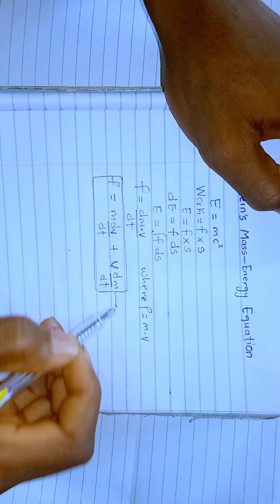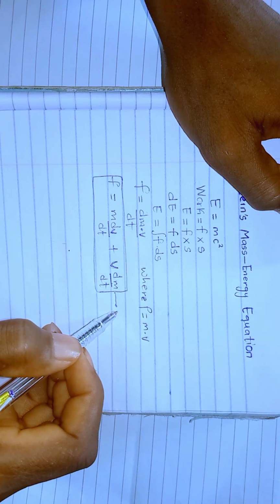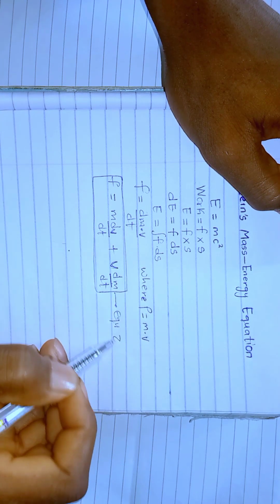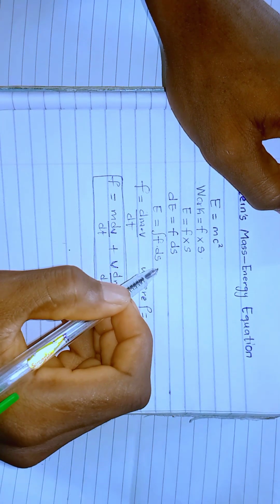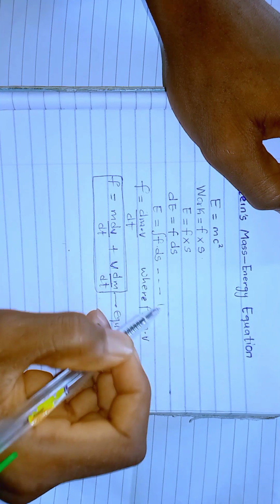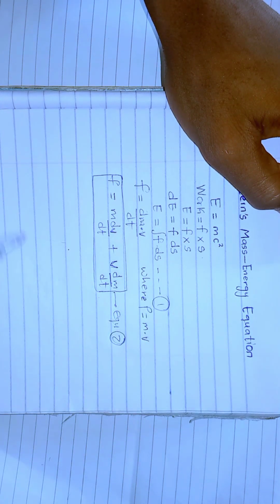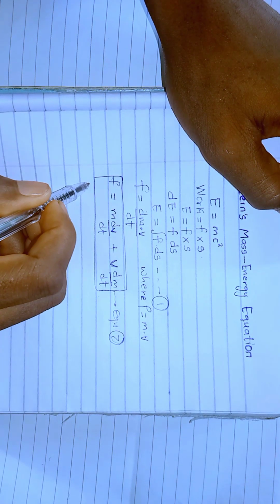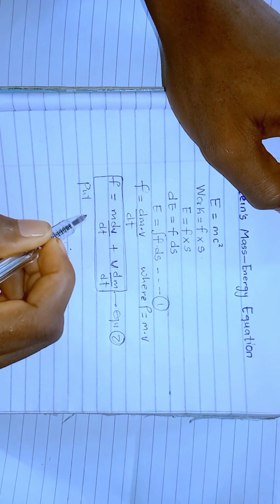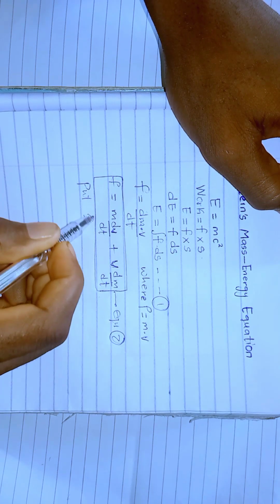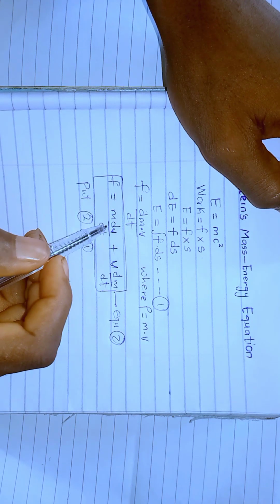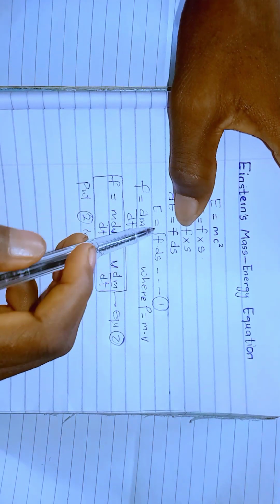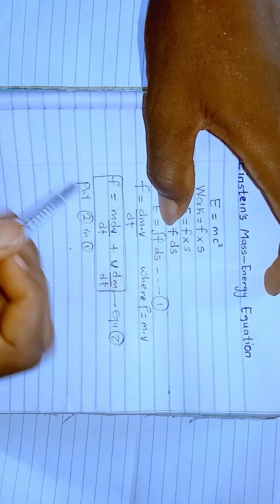Let's note this as our equation 2, while we call the earlier one equation 1. So now if we are to put equation 2 into equation 1, what are we going to have?